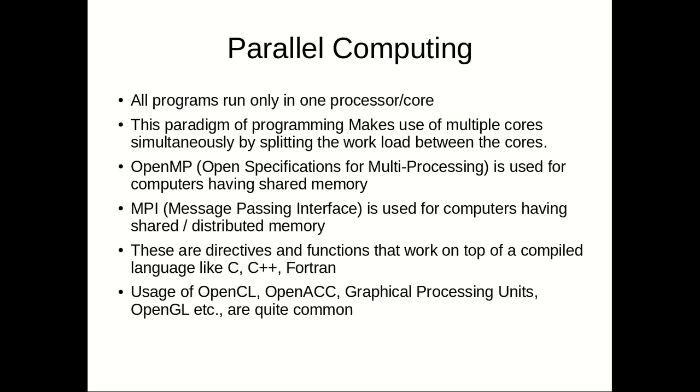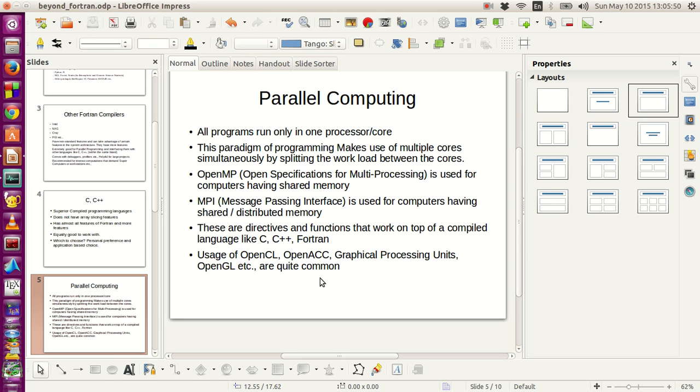Now this paradigm is very good, but if you want to get your job done much faster, then what you can do is make multiple cores in a system work simultaneously.